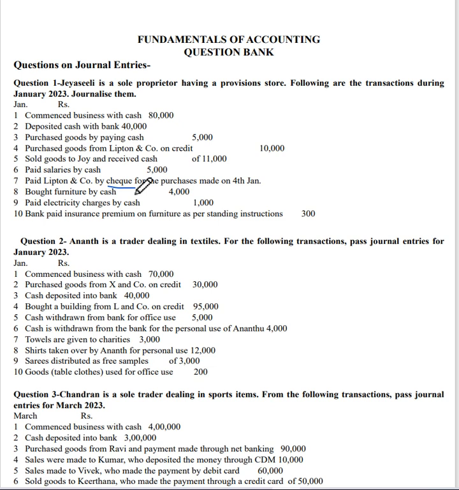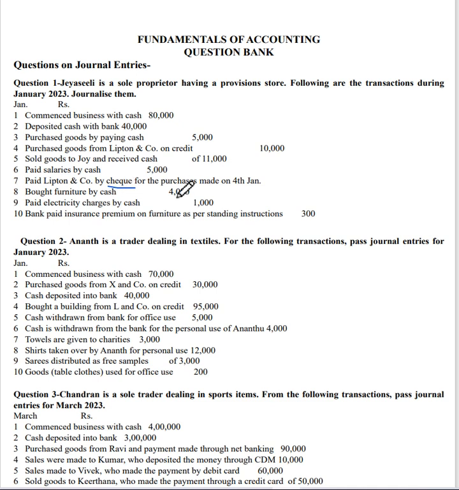By check means it is the bank account. In your bank account the amount is reducing, and your creditor Lipton and Company is also reducing, so your liability is also decreasing. So here you decide what to debit and what to credit.